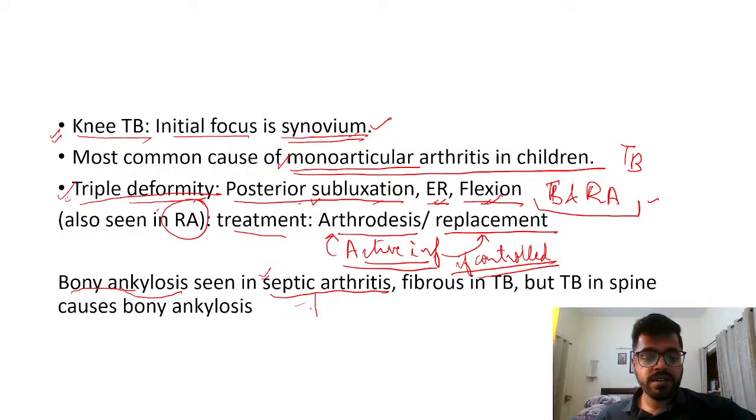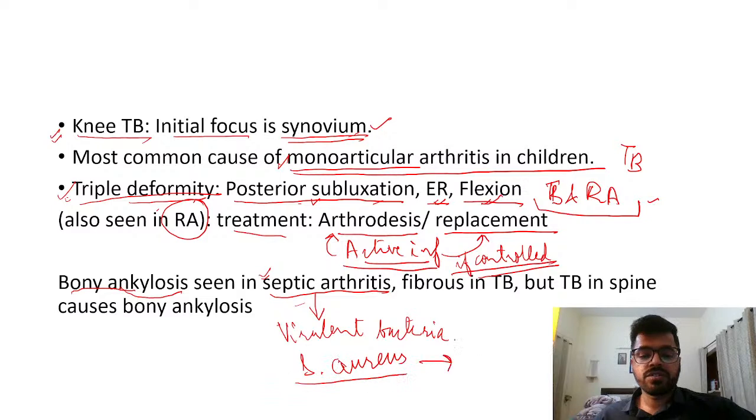We have already discussed in septic arthritis there are virulent bacteria just like Staphylococcus aureus, which lead to secretion of proteolytic enzymes which destroy the cartilage.